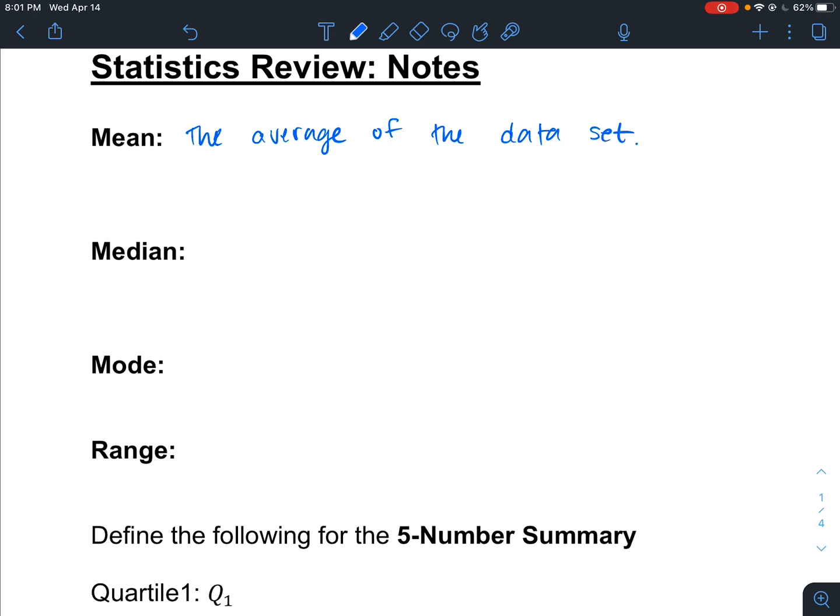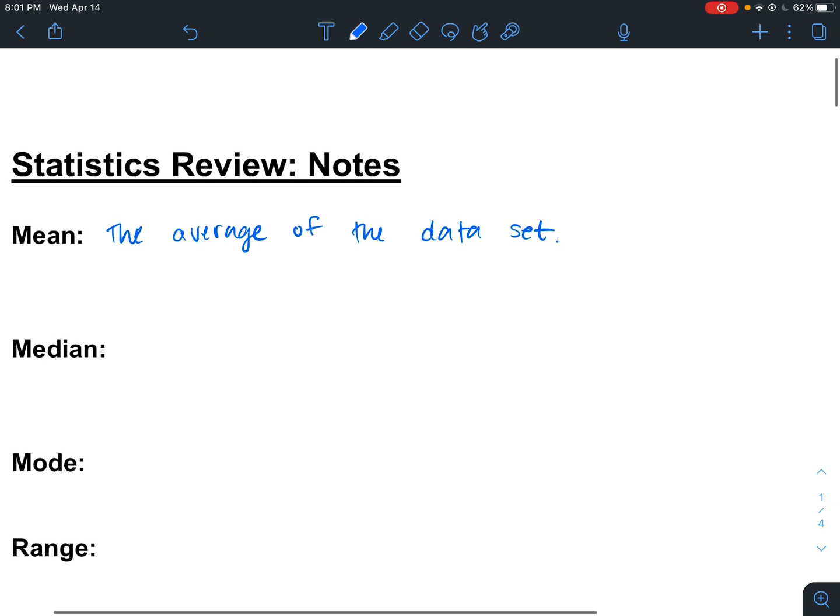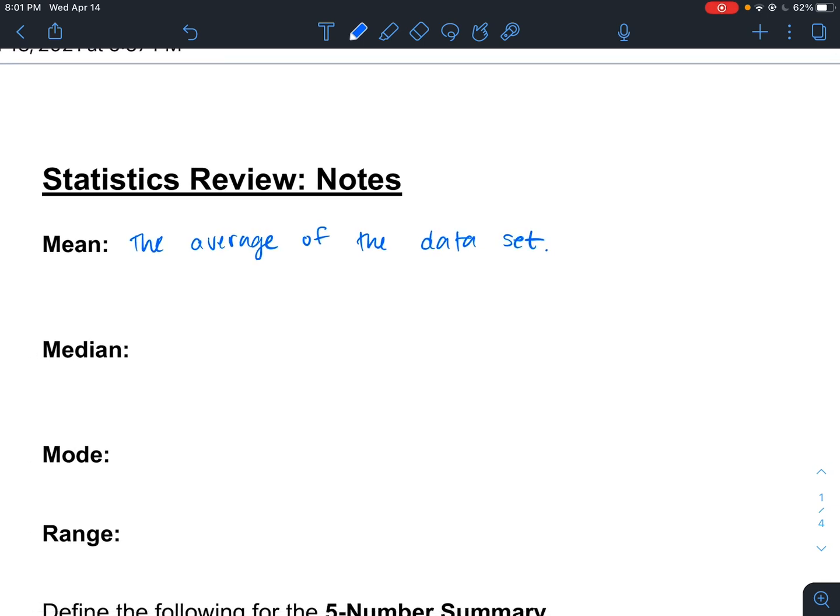It depends on where you're collecting your data from, but the mean can be denoted with the Greek letter mu. It looks like a U, but it also has a long tail on the left of it. Or you might see the average represented as x bar, which is x with a line above it.